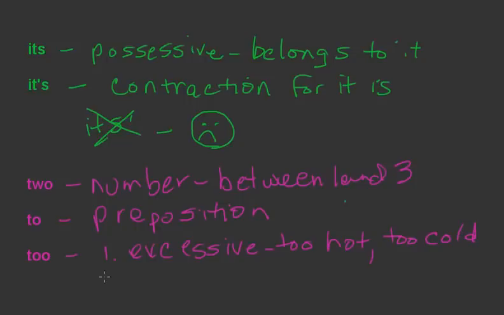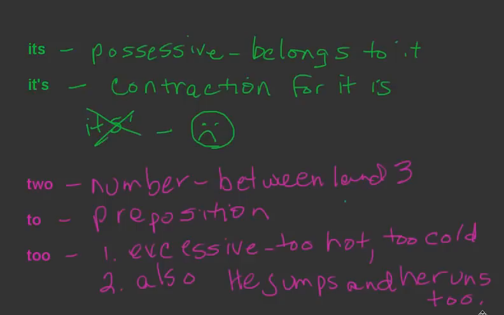The second meaning is also: he jumps and he runs too. There it means also. If you mean excessive or also, you have to use the one with the two O's. And you can't just use that middle one, number 2, for everything because it just doesn't work that way.